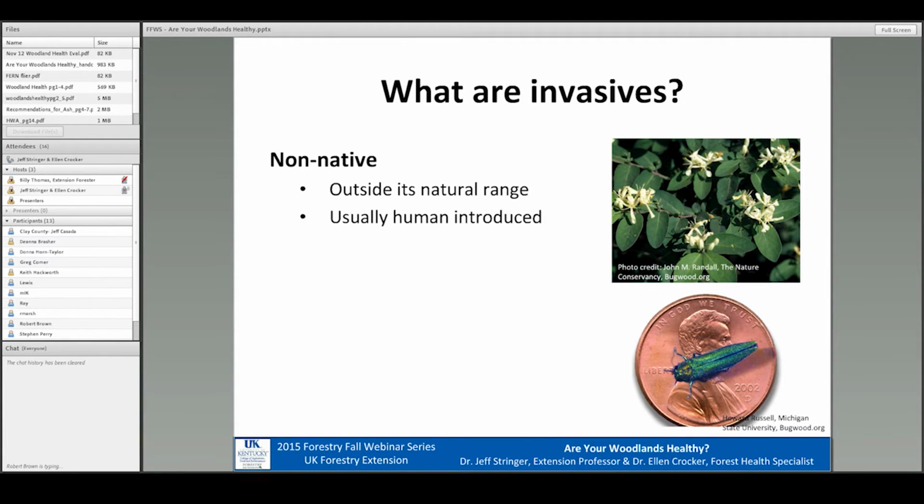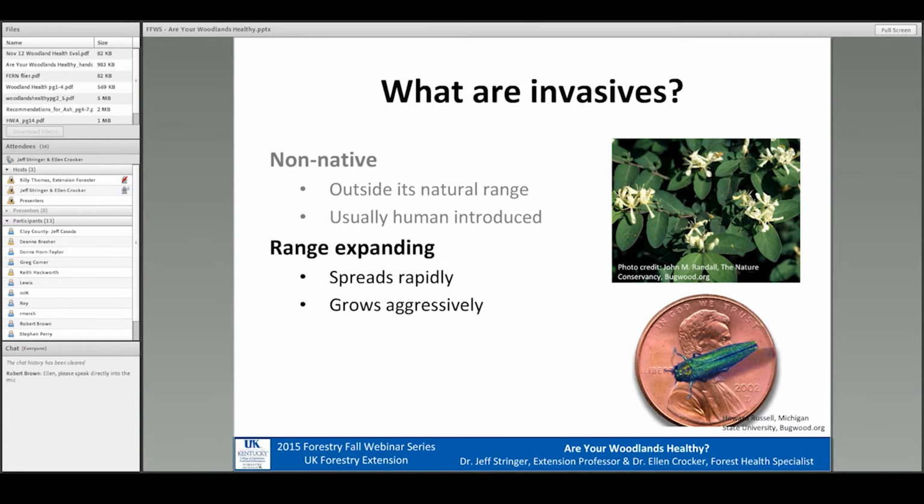Something that had previously been kept in one area is going to be spreading out of it. And that's another characteristic of these invasives, that they're range expanding. They can spread rapidly, they can grow aggressively, outcompete the native plants that are present, and have a big problematic effect. So this could be ecologically or economically.